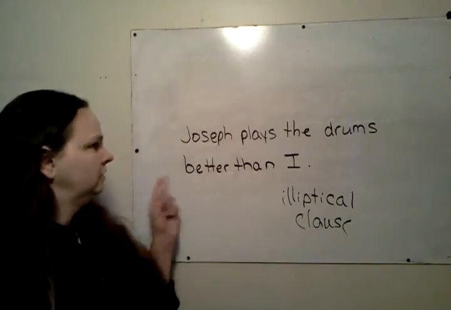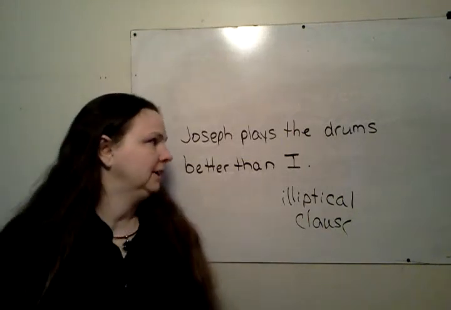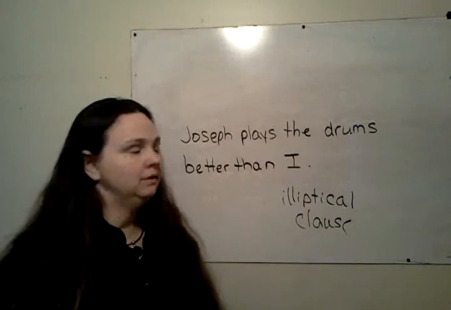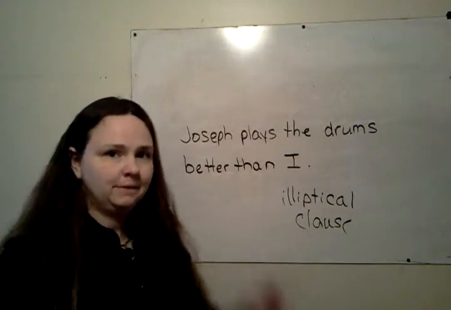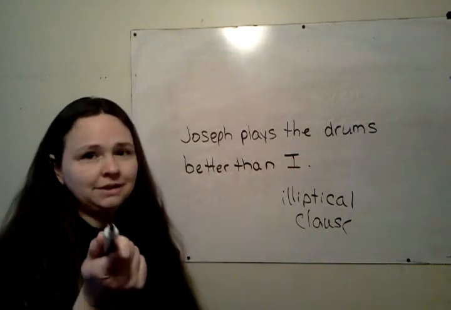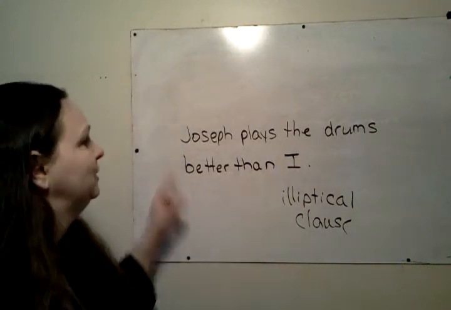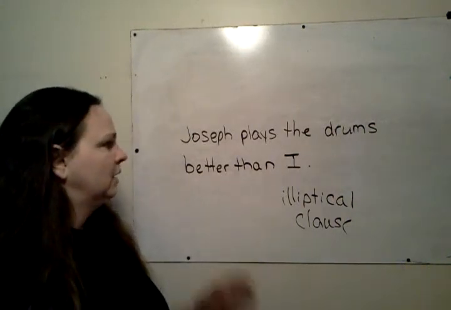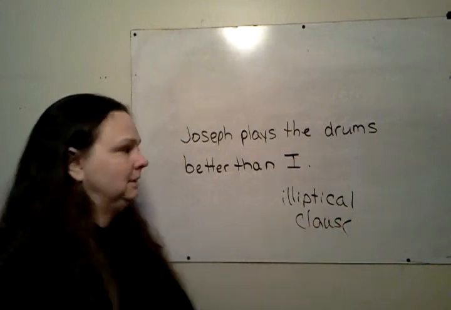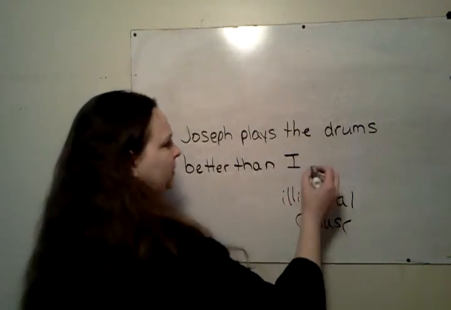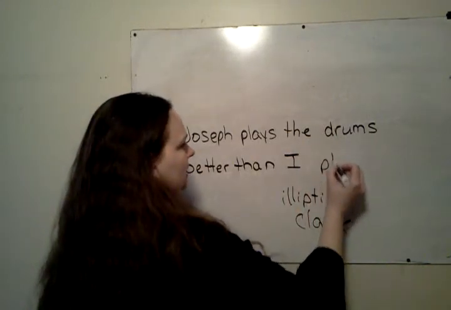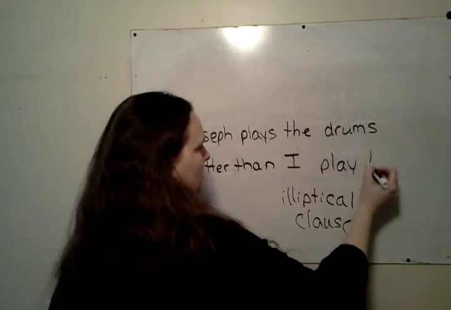For example, Joseph plays the drums better than I. I don't play the drums at all. This is about you, Joseph Hornbeck. Joseph, are you watching? We'll find out if you're watching. Joseph plays the drums better than I. What this means is, Joseph plays the drums better than I play the drums.